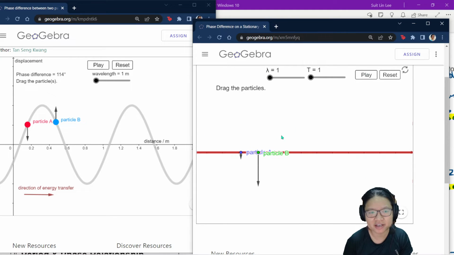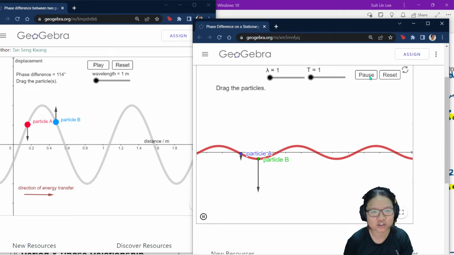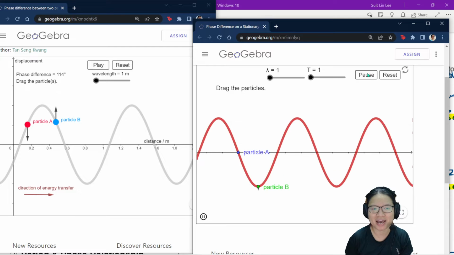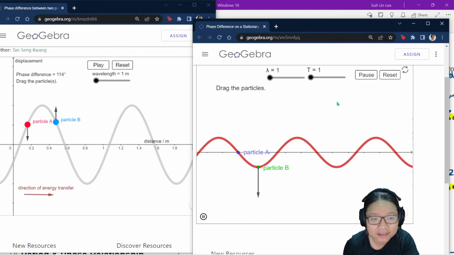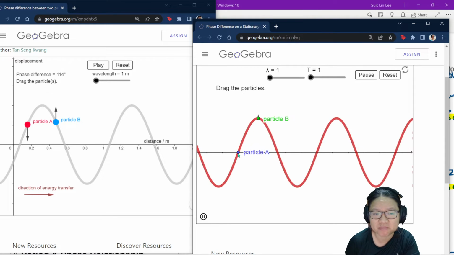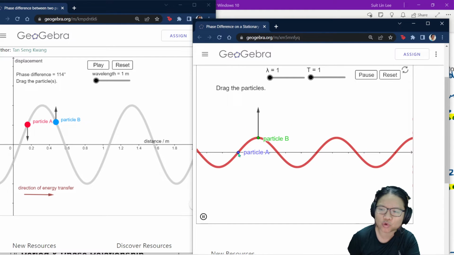And in fact, if let's say I move particle A to a node like here, magic. What do you think is particle A's amplitude? Is particle A moving? No, it's not moving. Particle A is like, no, bro, I'm going to stay here. I'm a node. I don't move.